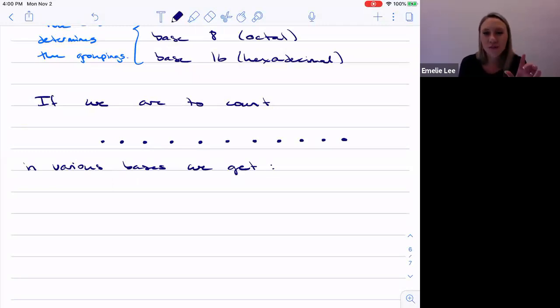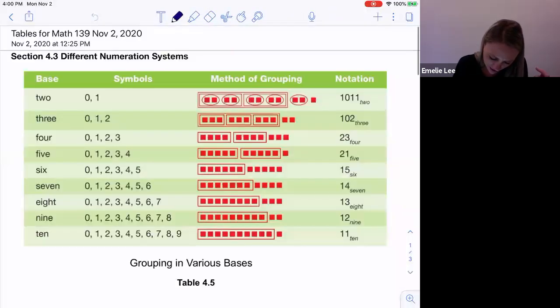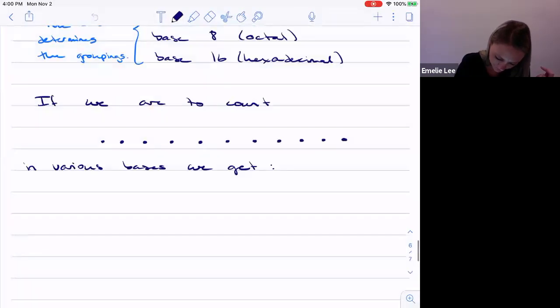This is the first table that I posted on Moodle, table 4.5. I'm just going to copy that in here.